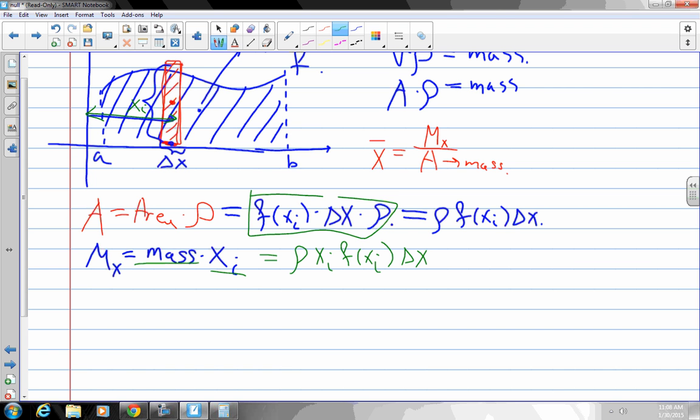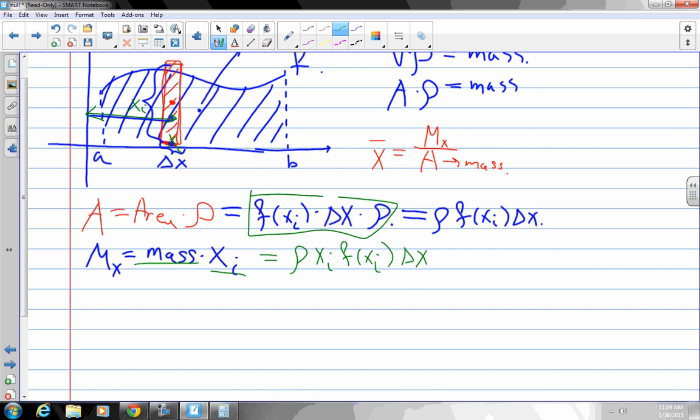Well, this is the x moment. So really, it's kind of keeping it balanced, almost with respect to the y-axis, right? How do you measure the distance if you just label that?